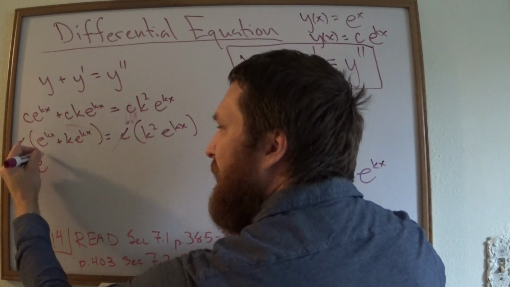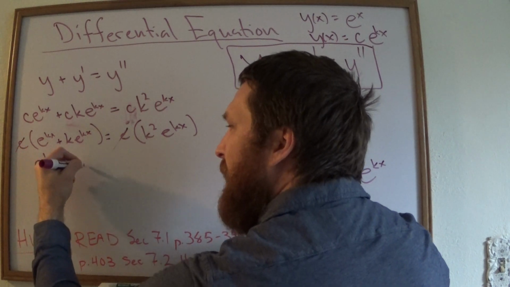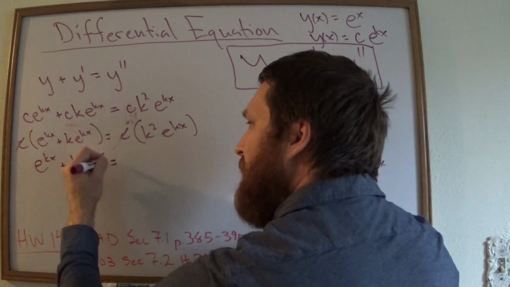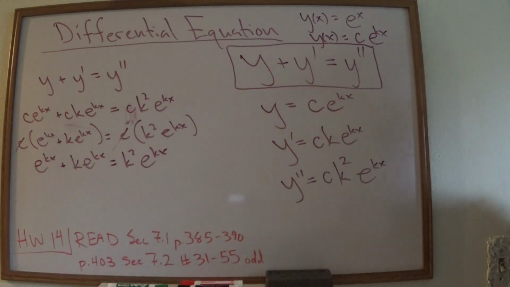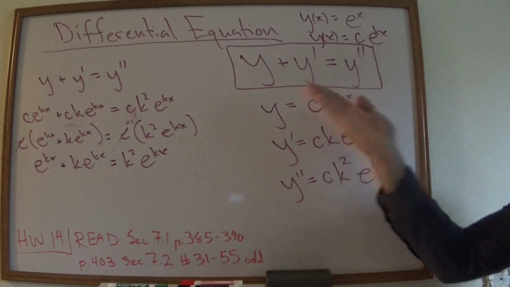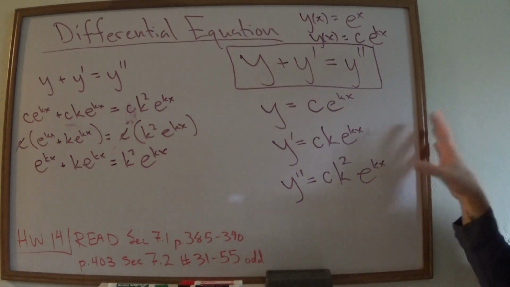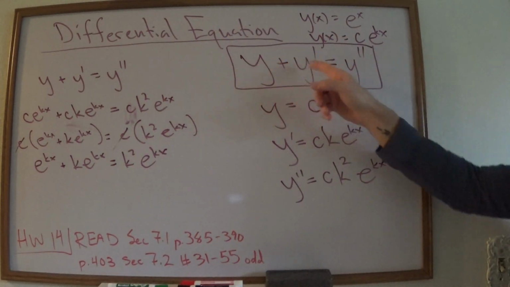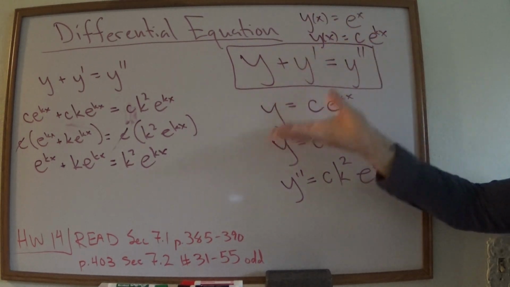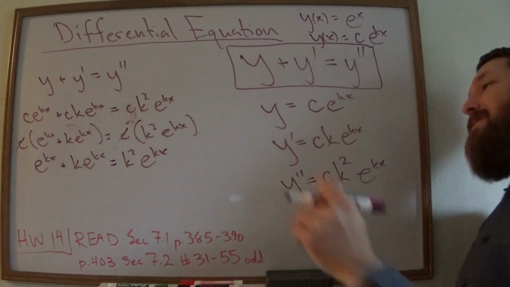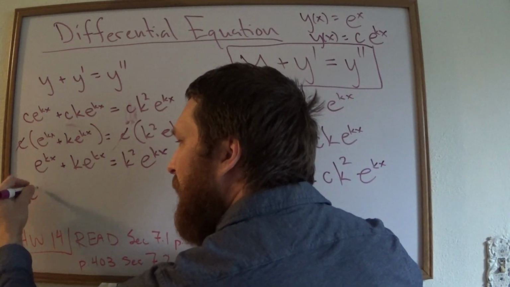We have e to the kx plus k e to the kx equals k squared e to the kx. It looks like I could get rid of the e to the kx because it shows up every single place. And that's one of the cool things about this. Can we just divide by e to the kx?